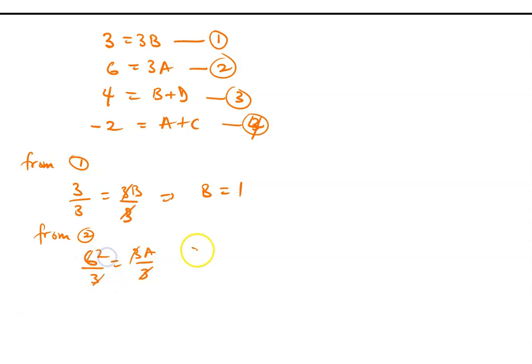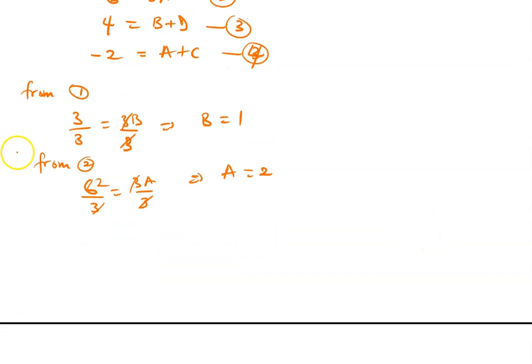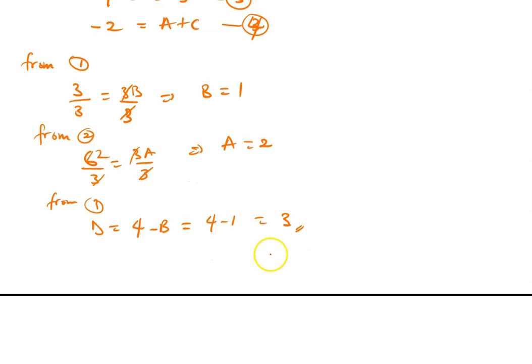So I'm going to get a as what? 2. But from 3, I know that d is equal to 4 minus b, right? And that is going to give me 4 minus 1, and that ends up becoming 3. That is d.